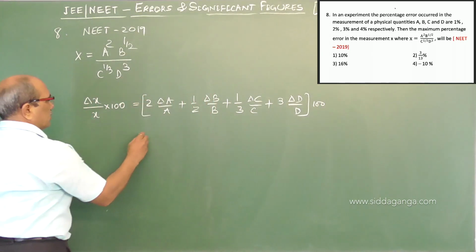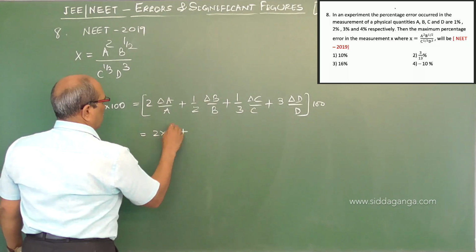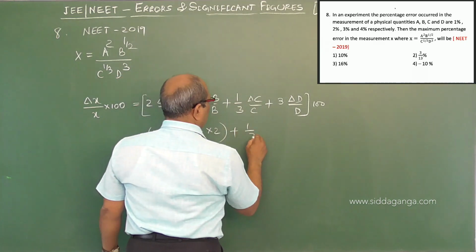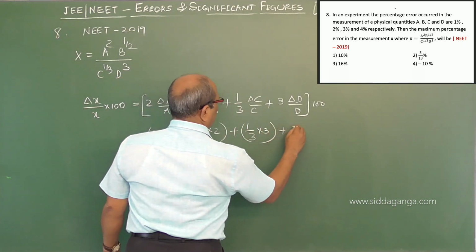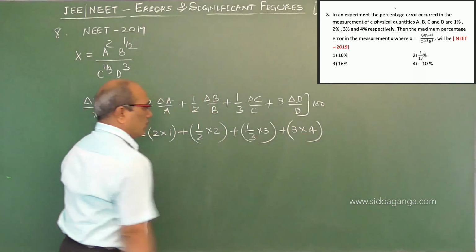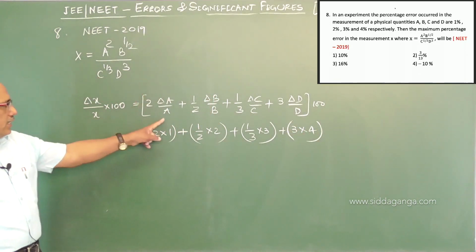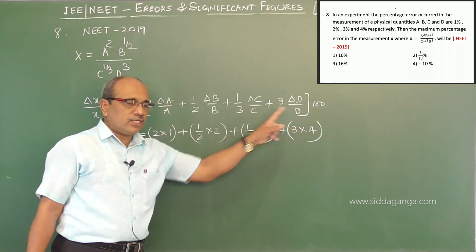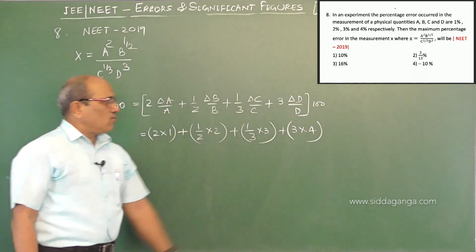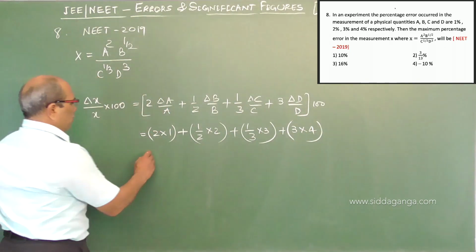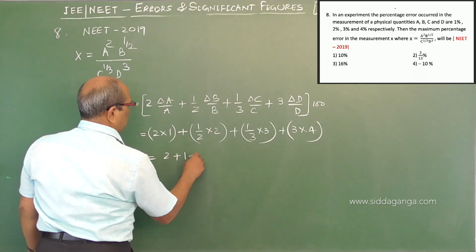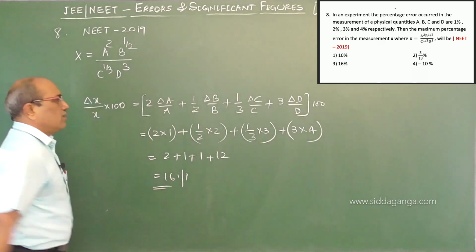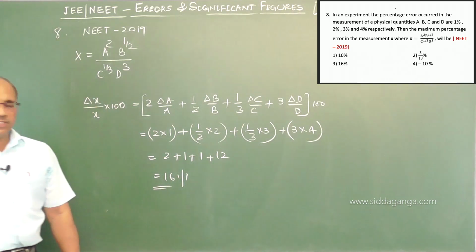They have given the percentage errors: delta A by A is 1%, delta B by B is 2%, delta C by C is 3%, delta D by D is 4%. So 2 into 1 plus half into 2 plus 1 by 3 into 3 plus 3 into 4. Simplified, 2 plus 1 plus 1 plus 12 becomes 16%. The correct option is the third one.